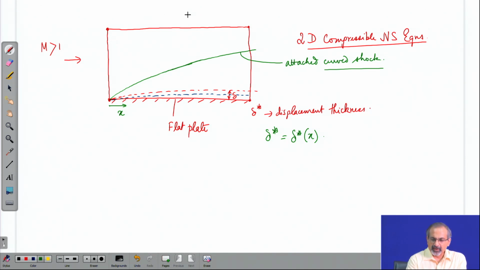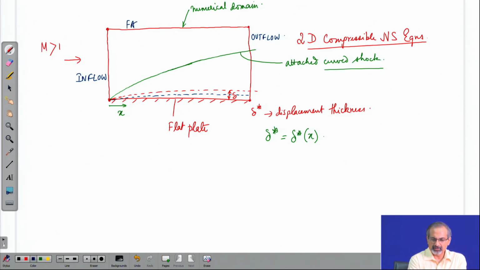Let us try to define a numerical domain such that the shock can be passed through the outflow of the domain. So, the supersonic flow comes into the numerical domain through the inflow, moves out through the outflow, and then it should be able to capture the boundary layer effect and the attached curve shock as it moves.